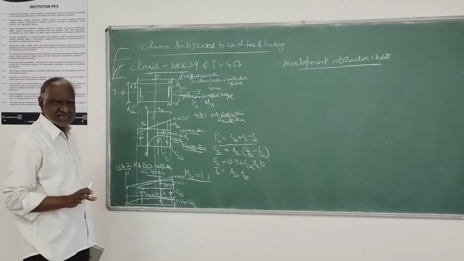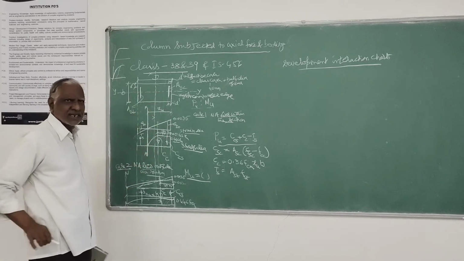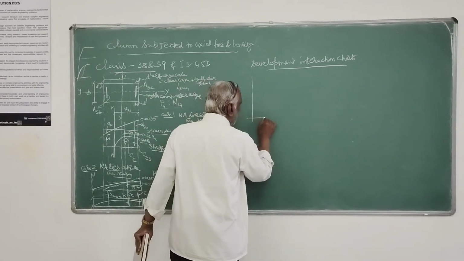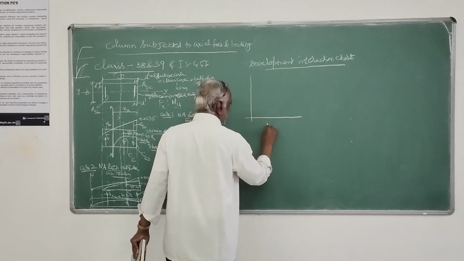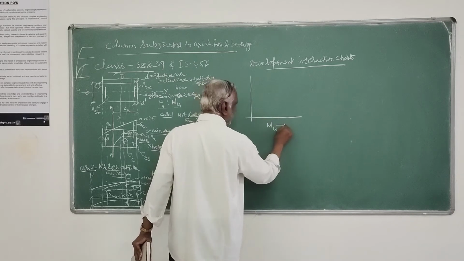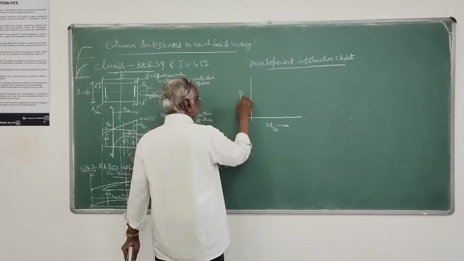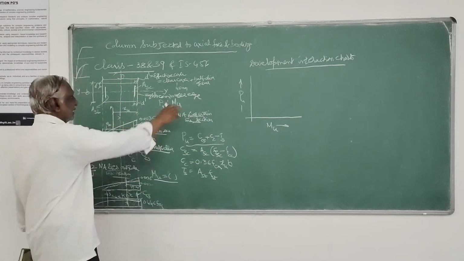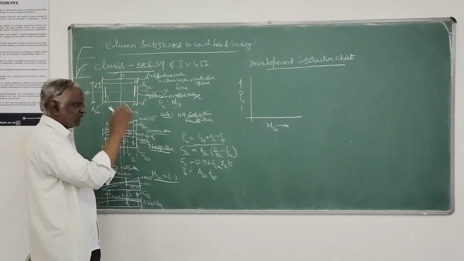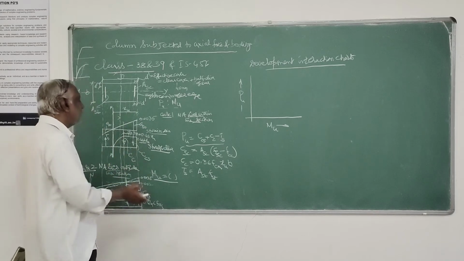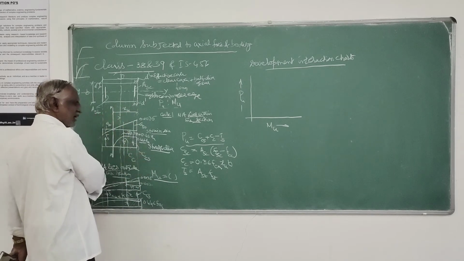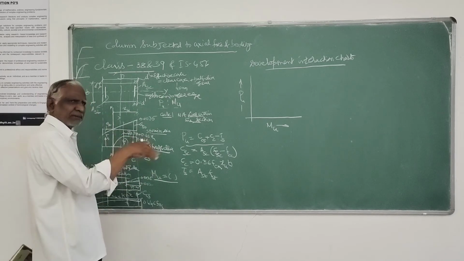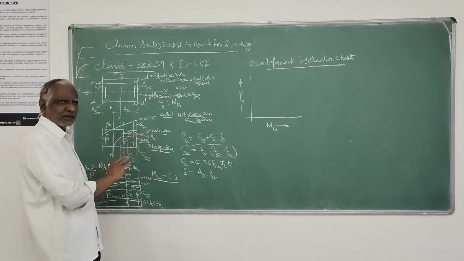For a standard given section, given steel, you can just plot a graph of the calculated MU versus the calculated PU for a given cross section, given percentage of steel. So assuming various XUs, it need not be some specific value. Assume some X, maybe 0.1D, 0.2D like that.